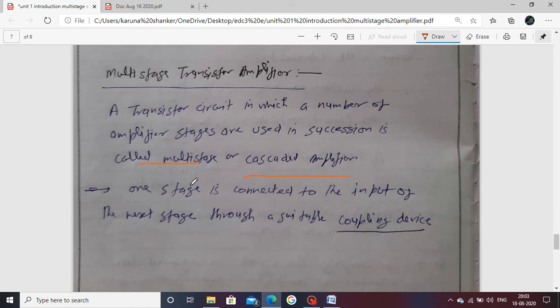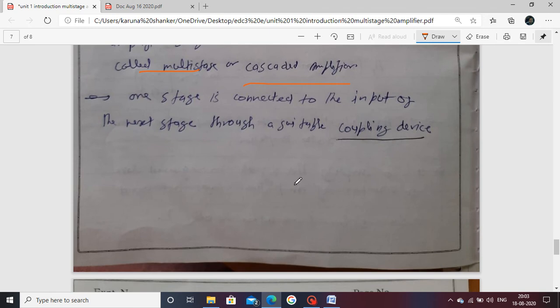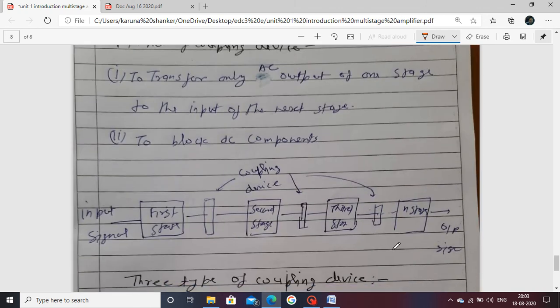In this multi-stage, one stage is connected to the input of the next stage through suitable coupling devices. Means if you connect one stage to the next stage, use a coupling device between the first transistor and the second transistor. Between each connection, coupling devices are used. Also, we see here first stage, second stage, third stage, n number of stages.